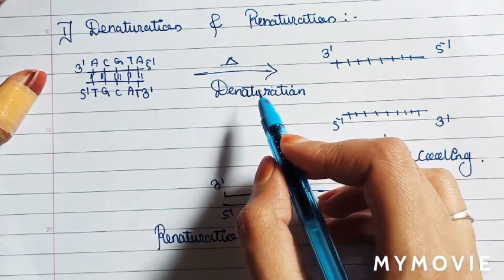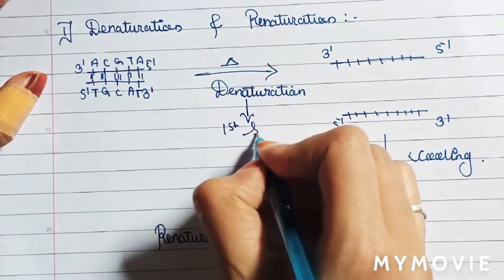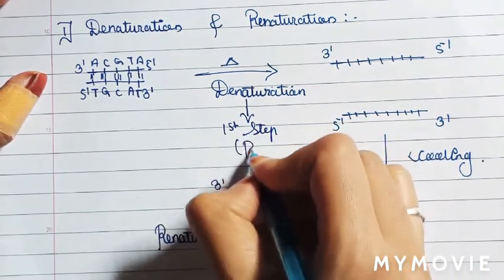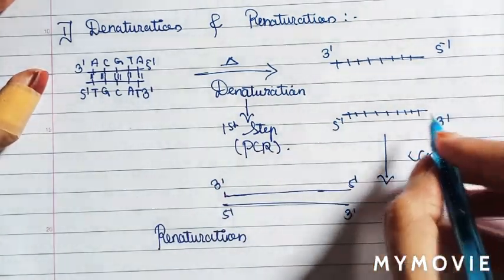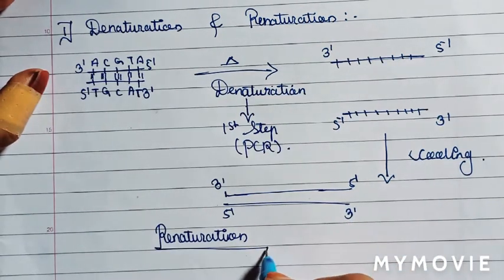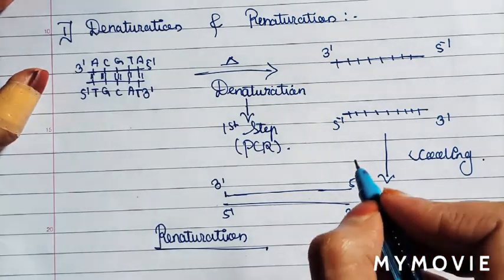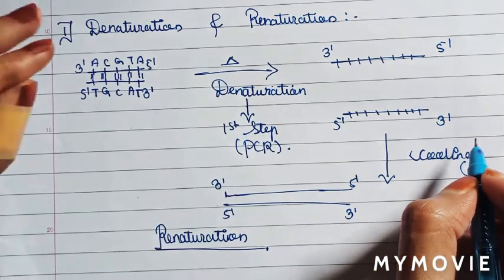This is the first step in the PCR technique, so we will write here: first step of PCR technique. And if we cool, these hydrogen bonds are formed again, known as renaturation. It is possible only if you heat at a prescribed temperature.